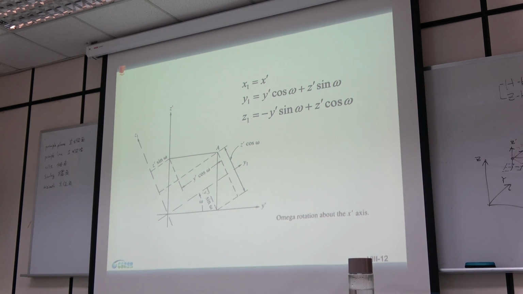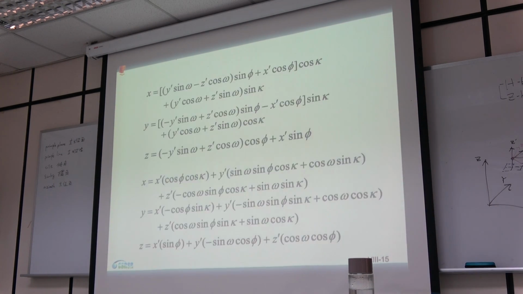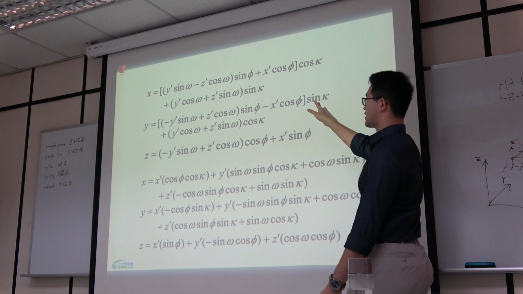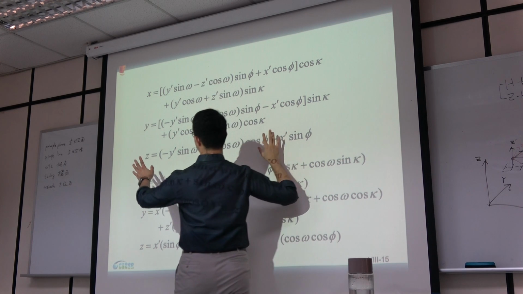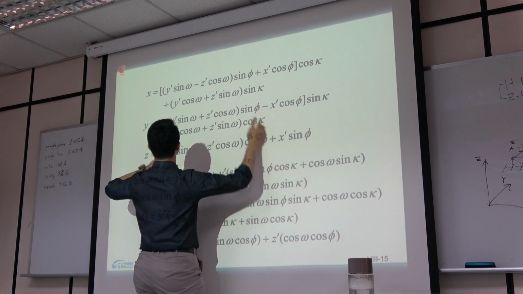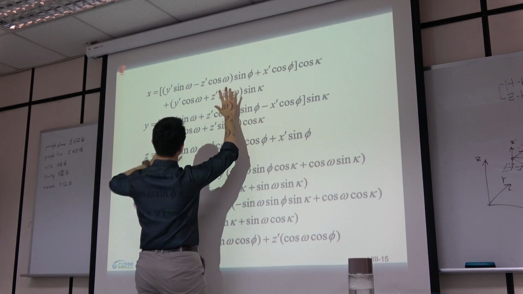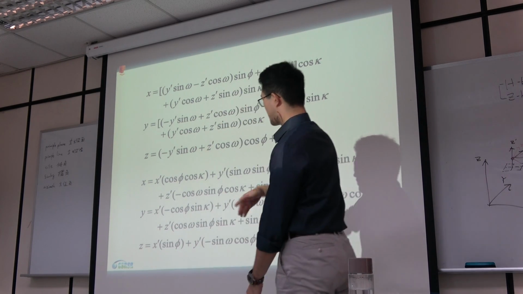So in this case, we can put everything together, and then eventually we can get something like this, to represent the relationship between the x, y, z with the x1, y1, and z1. So basically that's the case.